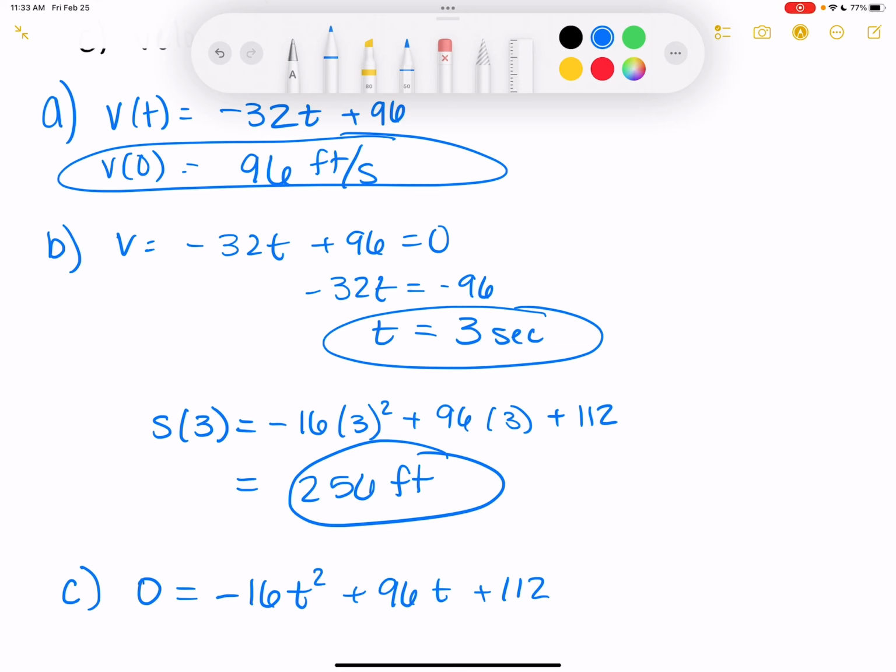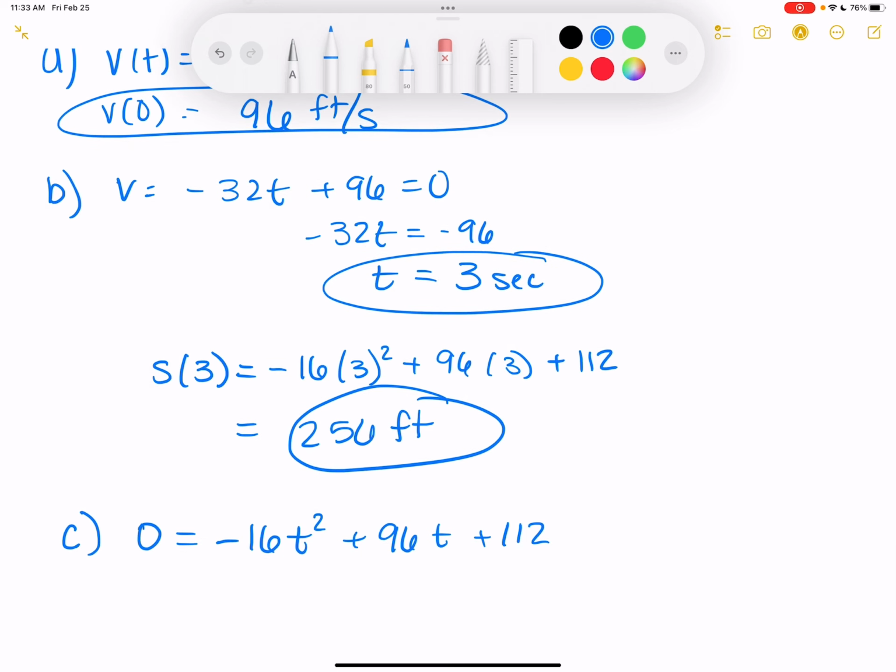Take out an 8. Is that all I can take out? I don't know if you can take out 16. Oh, you can. Wait. Yeah, you can take out 16. Okay. So I would go ahead and also take out the negative just for convenience. I would switch and make these two signs negative and get rid of the negative here.